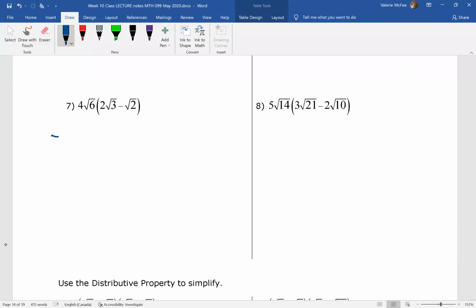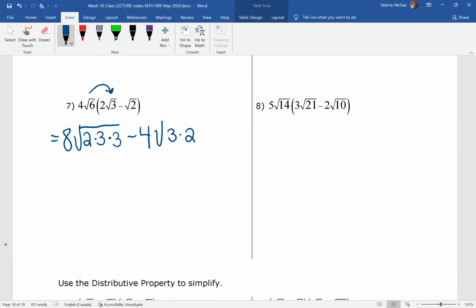So 4 root 6 times the 2 root 3, we start with 4 times 2. Root 6 times root 3, I know there's going to be a 3 common there. 6 is 2 times 3, and then I have my root 3. Minus 4 times 1 is 4. Root 6 times root 2, we know there's going to be a 2 common.